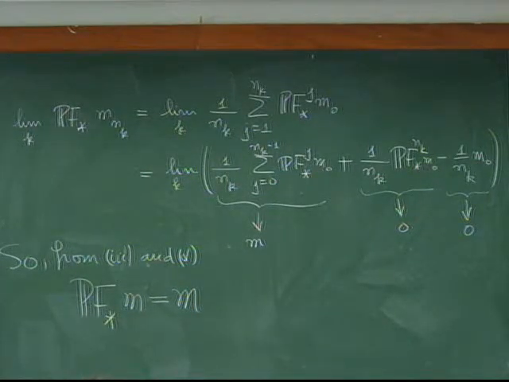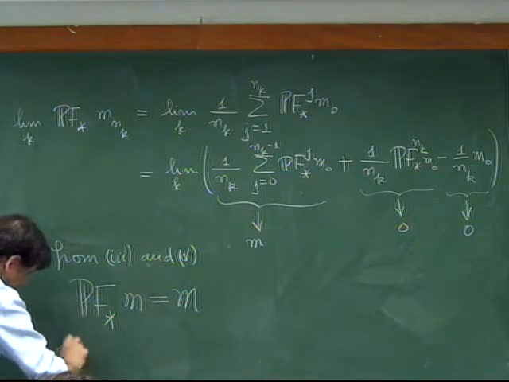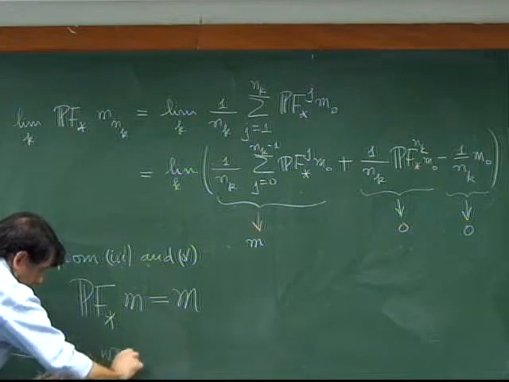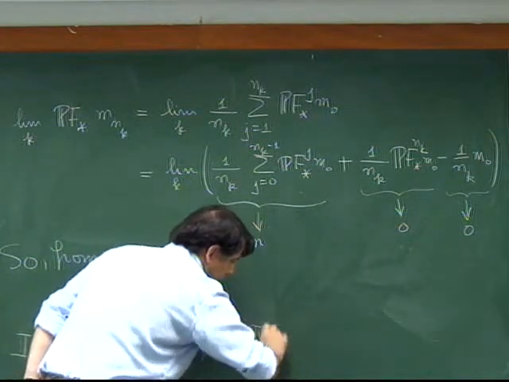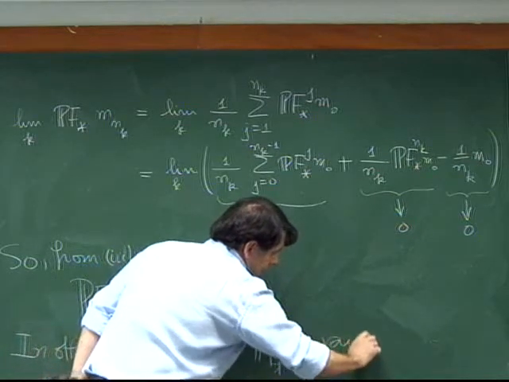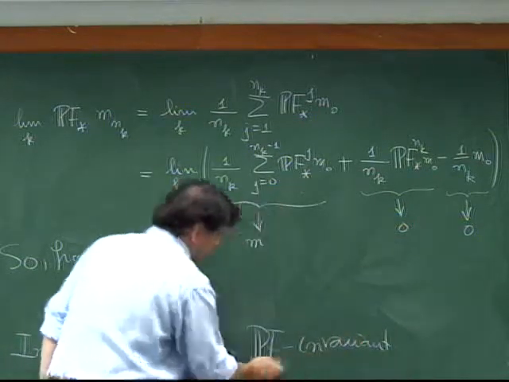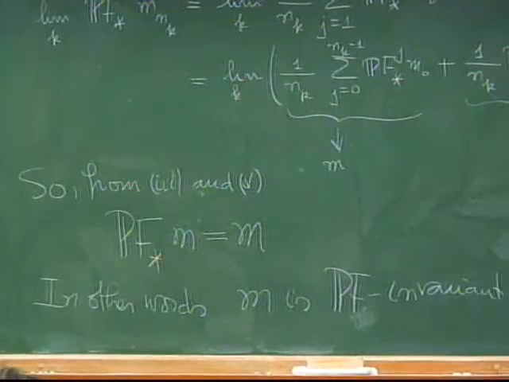Okay? In other words, m is Pf star invariant. It is Pf invariant. It is the image of its push forward.